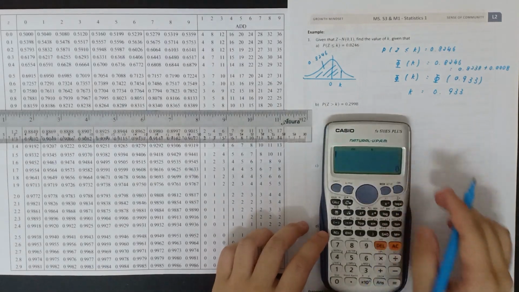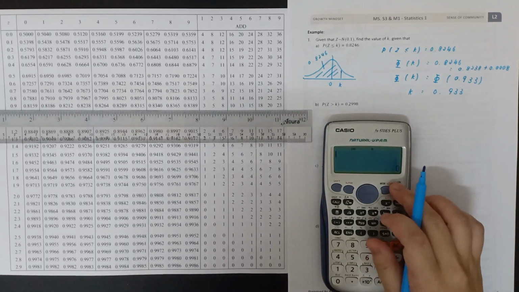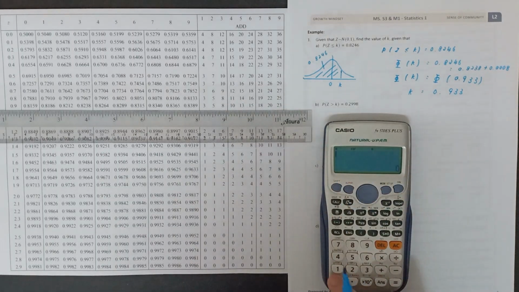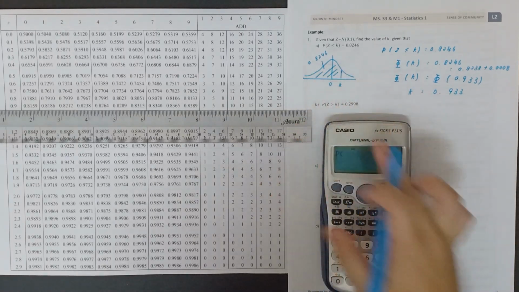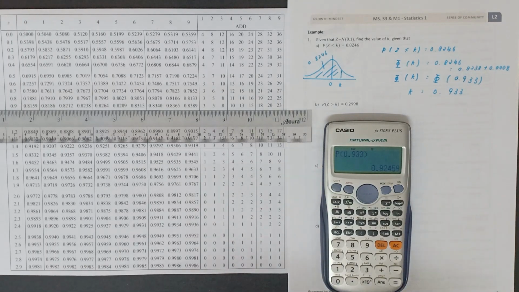For example, I get this number that I know is smaller than, then what I can do is, you already know how to press, so I'm not going to speak about it here. So smaller than, I'm using P. Then I'm pressing 0.933. If I can get exactly the same answer as what is given in the question, then I know that my answer is correct.